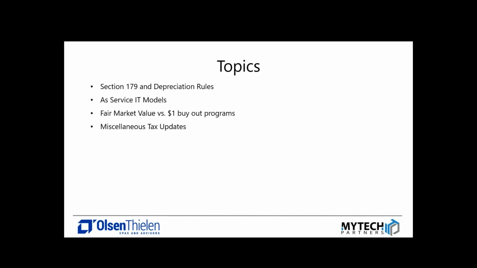Also leasing, a fair market value lease versus $1 buyout programs. What those look like from a tax perspective, and then also some miscellaneous tax updates, because we are under a brand new tax law. So what are some impacts that are going to happen to everybody in relation to the new tax law?